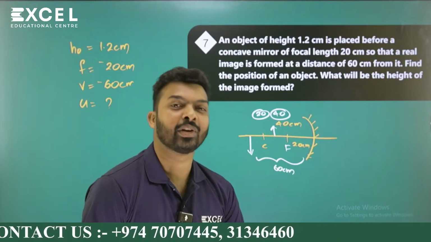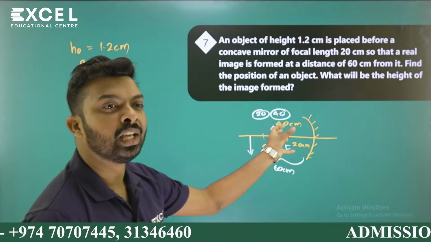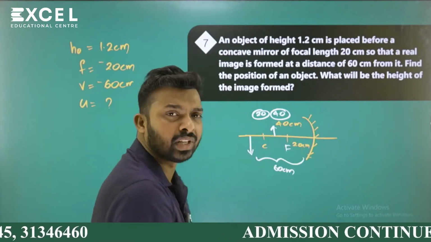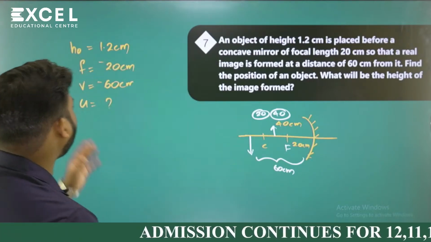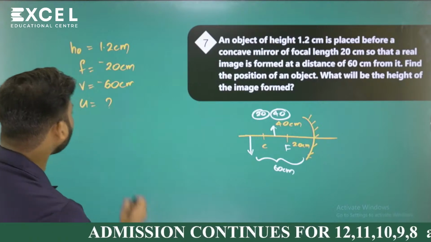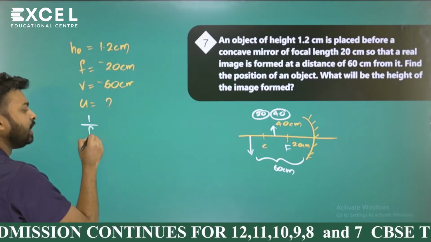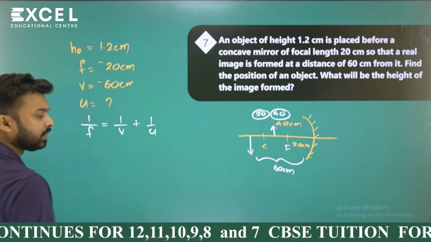If it is not, your answer is wrong. So it will always be helpful if you draw a rough sketch; it takes very little time. Now we have to find u. What is the equation, people? We know the mirror equation has to be used: 1 by f is equal to 1 by v plus 1 by u.